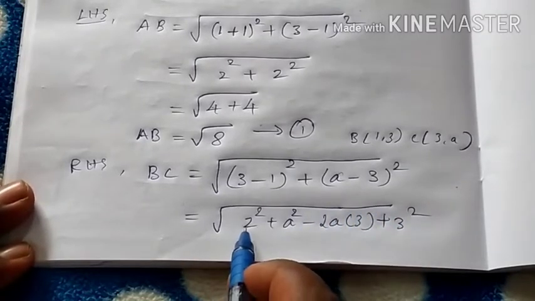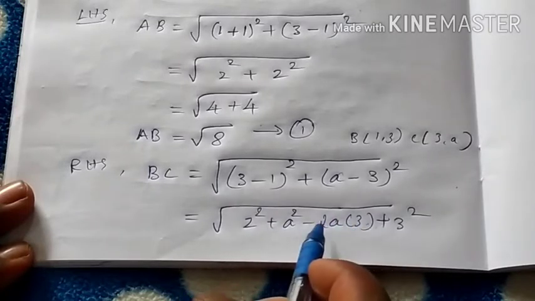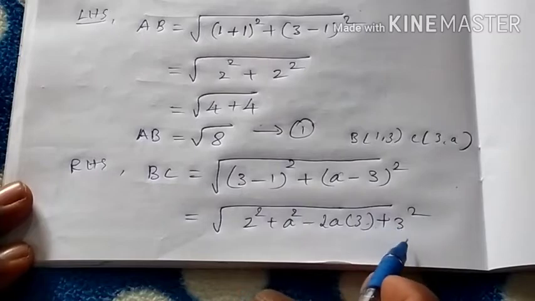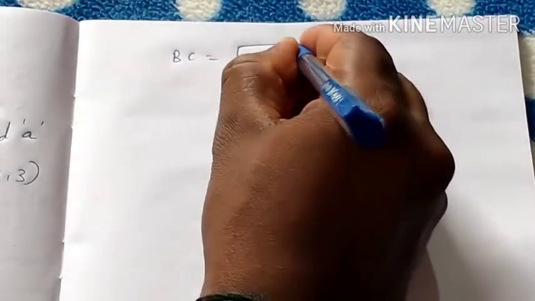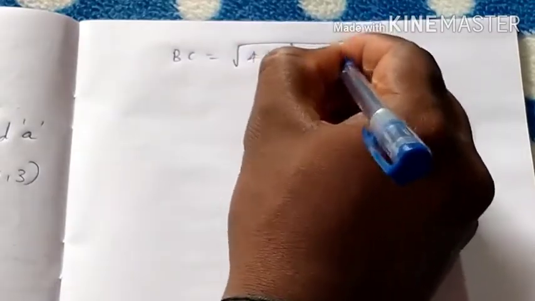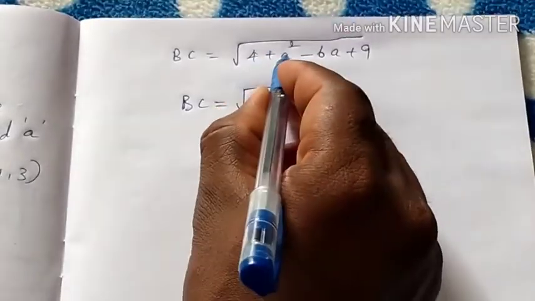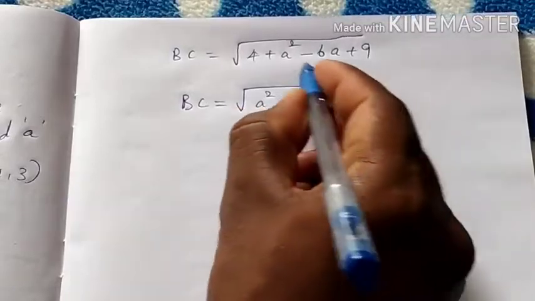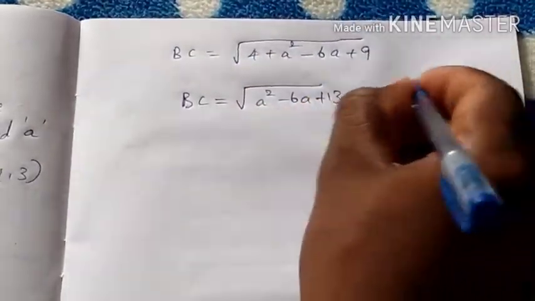Then 2 squared is 4, plus a squared minus 2 times 3, which is 6a, plus 3 squared is 9. Then BC is equal to the square root of a squared minus 6a, 4 plus 9 is 13. Okay, this is number 2.